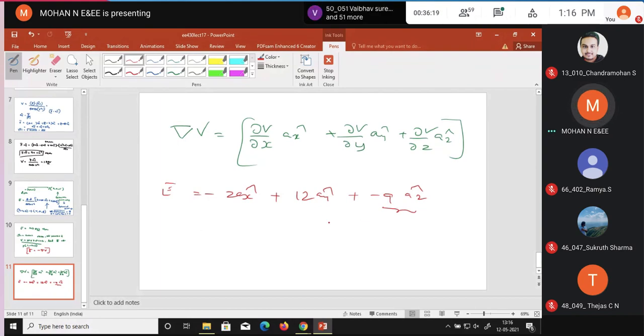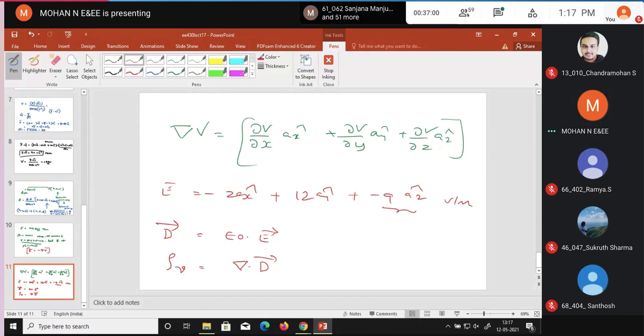This is the electric field at P. Now you can find the flux density. How? Multiply by epsilon naught into E vector. Now I want you to find charge density. How to find it? Maxwell's first equation: it is divergence of D vector.